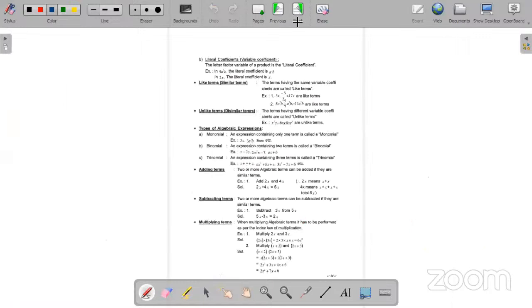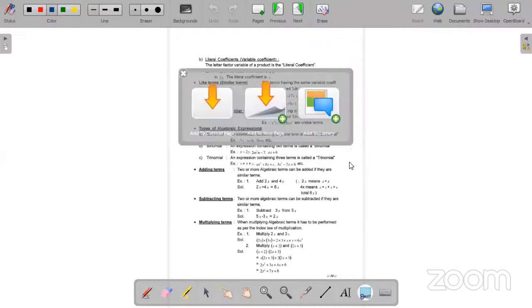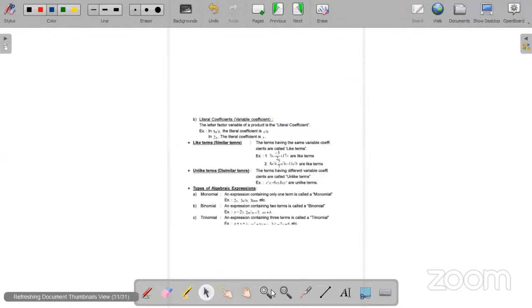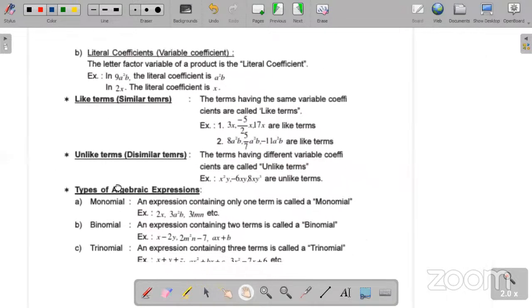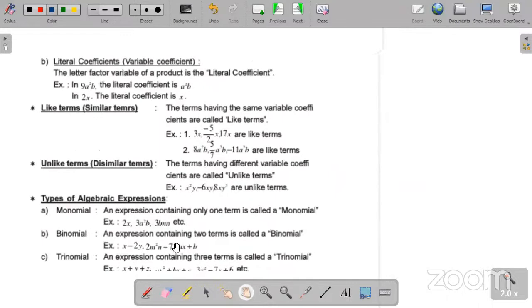So next concept. Let us discuss the next concept now. So literal coefficients. That means variable coefficient. A letter factor, a variable of a product, is a literal coefficient.